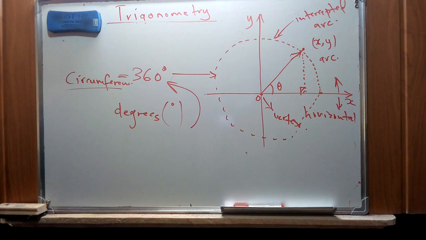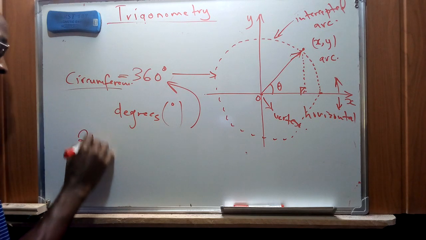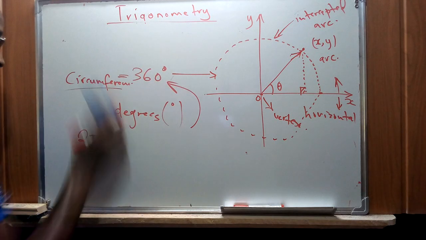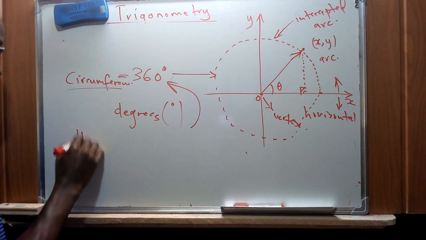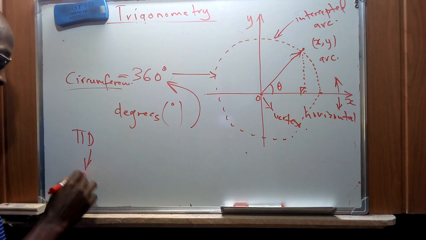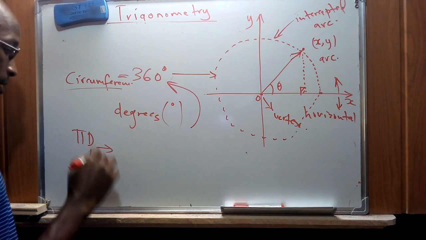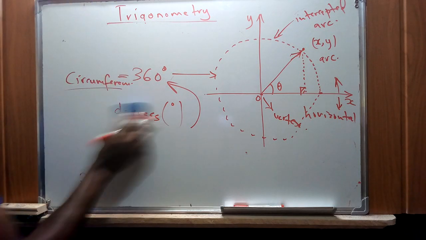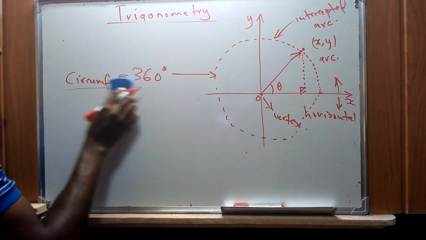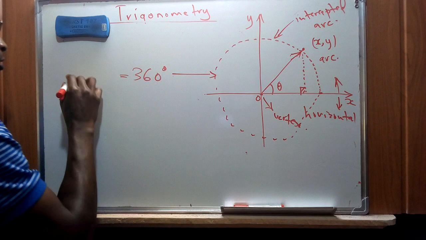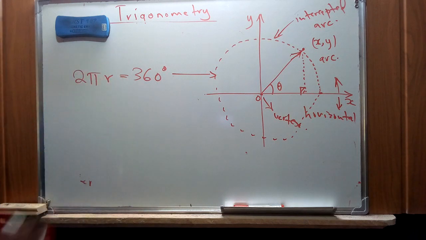From basic mathematics, the circumference can be given as pi d, and the diameter d is equivalent to 2 radii, so this can be given as 2 pi r. So if the intercepted arc runs a full cycle, then we have 2 pi r as 360 degrees.